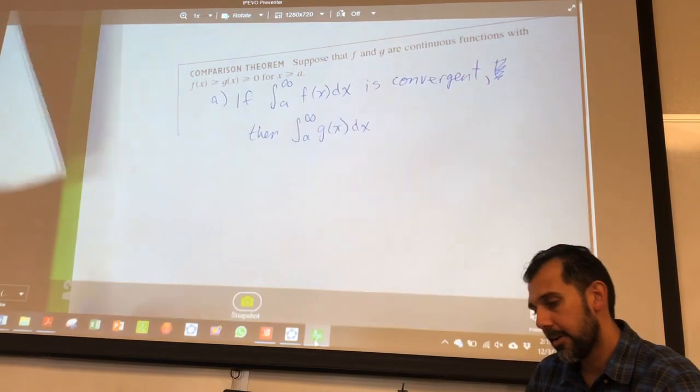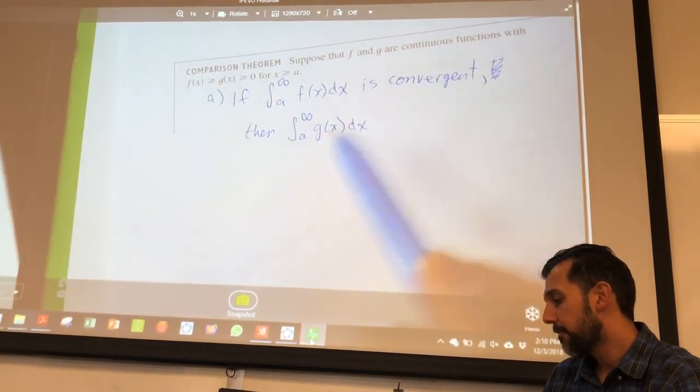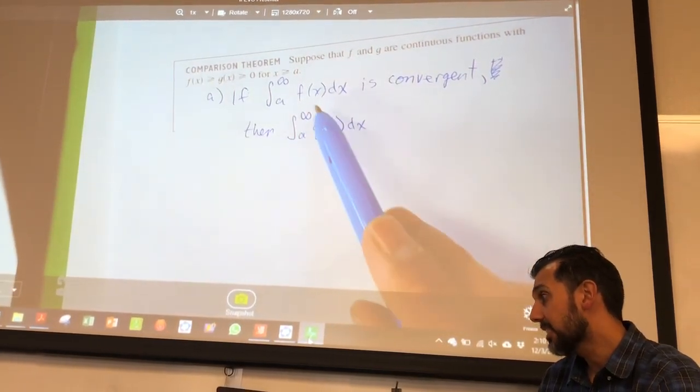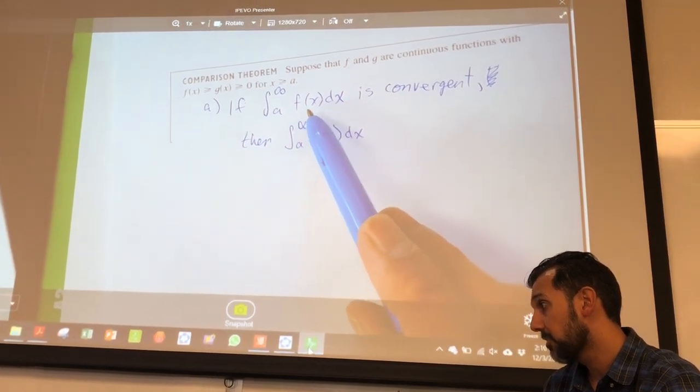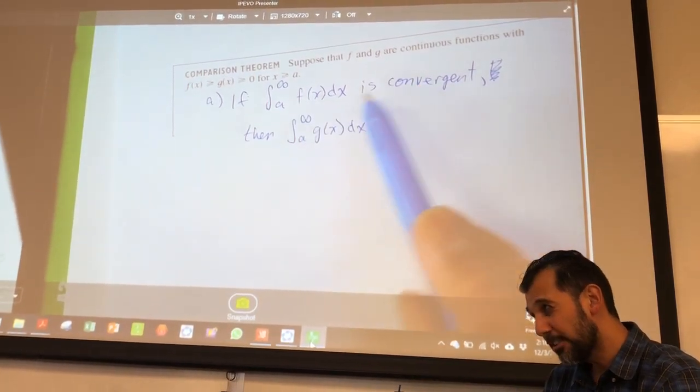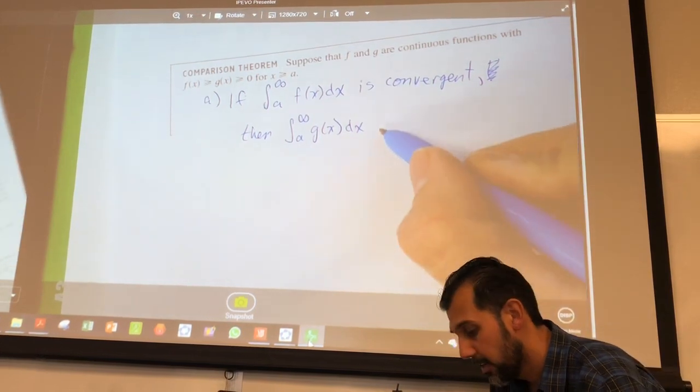So remember, g of x is less than f of x. This integral of f of x is convergent, so that means a smaller function will also be convergent.